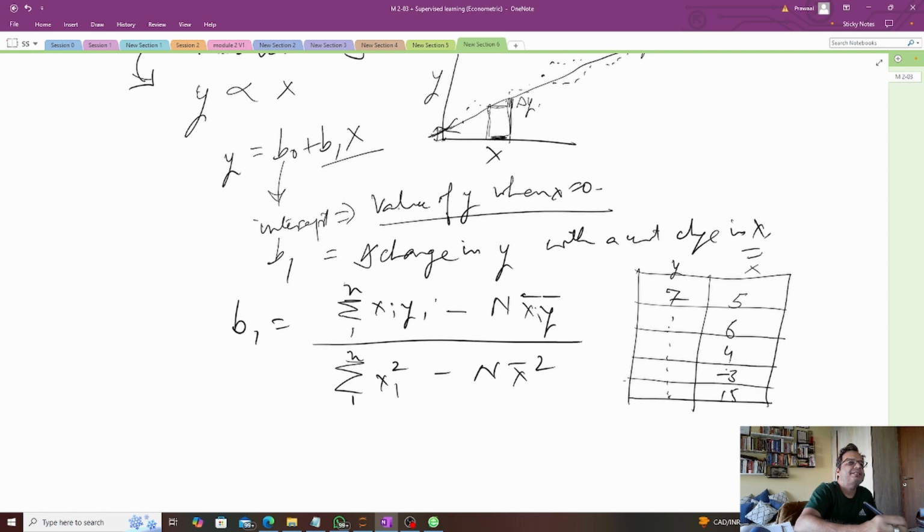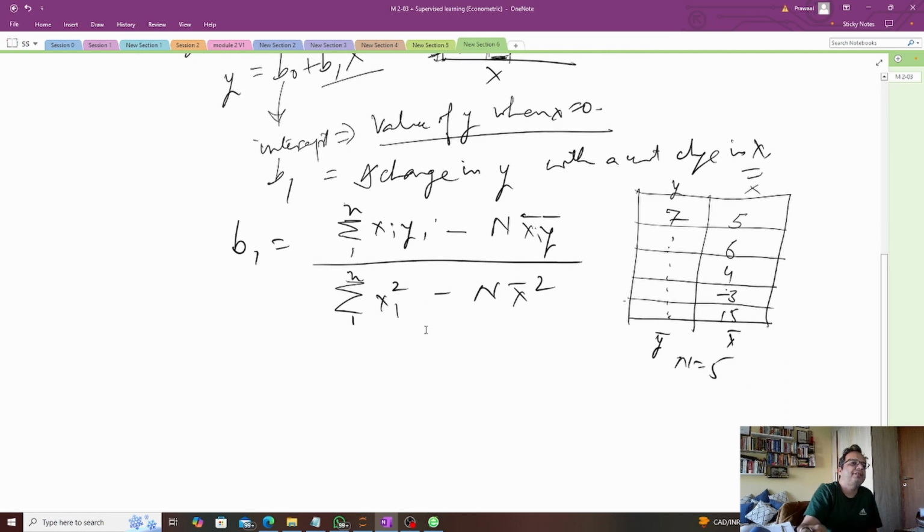So x i y i is nothing but 7 5s are 35 and whatever numbers are given here, and n times you find out the average value of x, the average value of y, and then you multiply them with n, and in this case it is 1 2 3 4 5, so n is 5. So when you do all of this, you will get some value of beta 1.